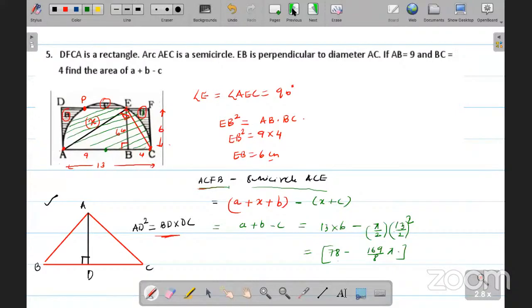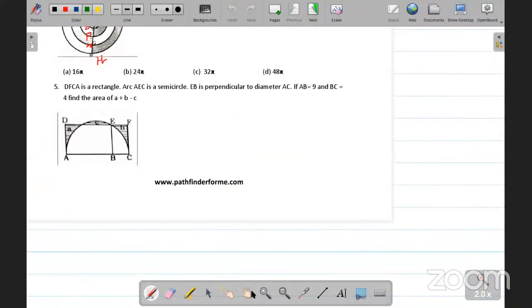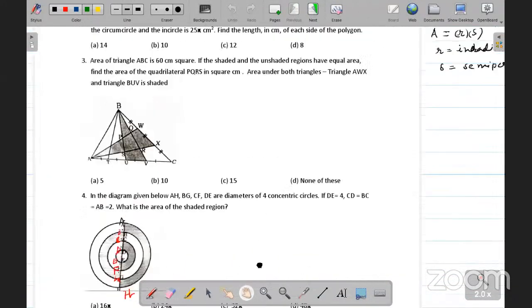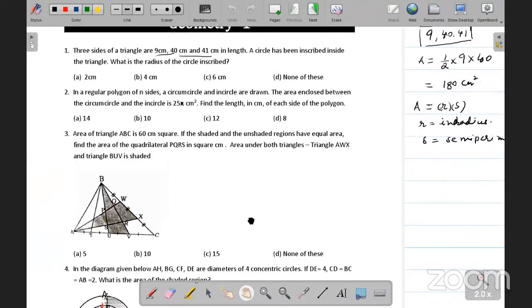Okay, now let us go to question number 2. Try solving question number 2. In a regular polygon of n sides, a circumcircle and incircle are drawn. The area enclosed between the circumcircle and the incircle.